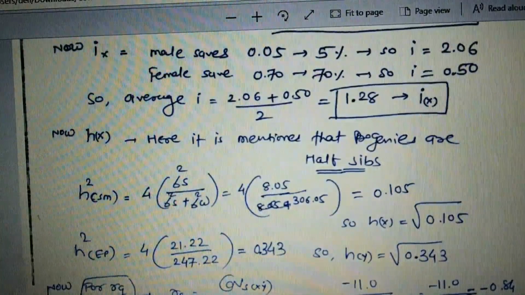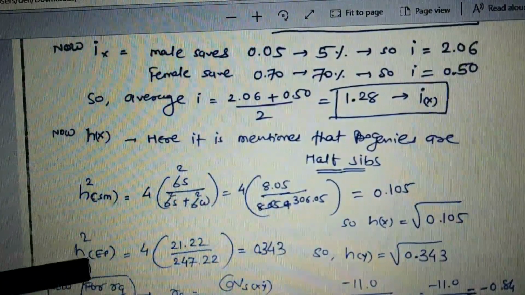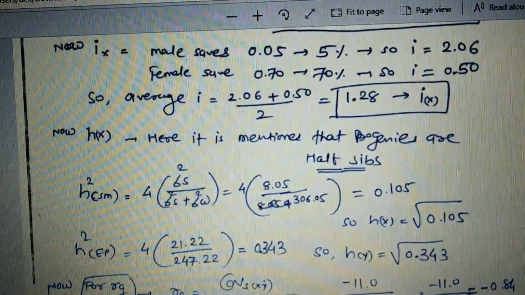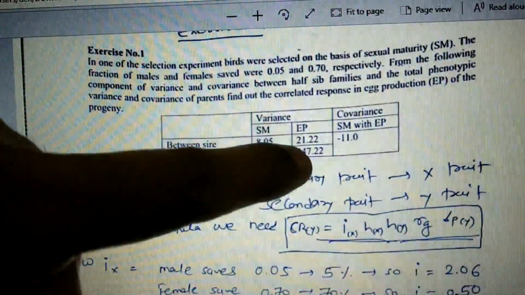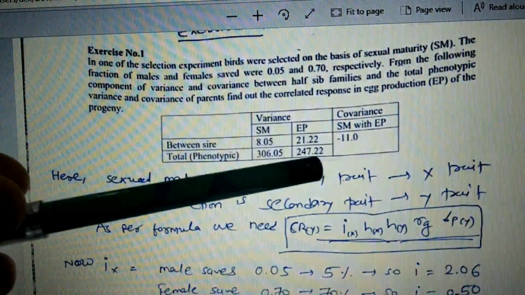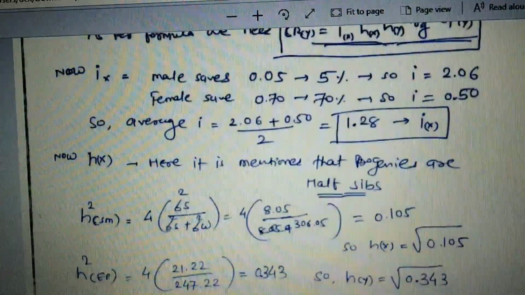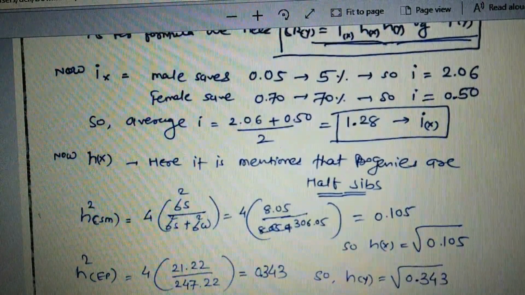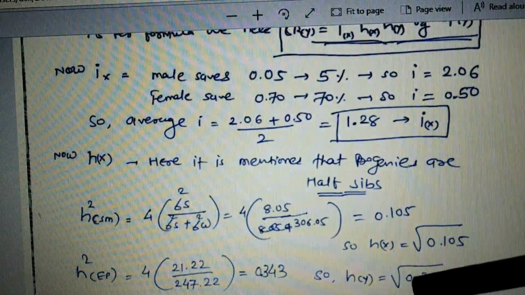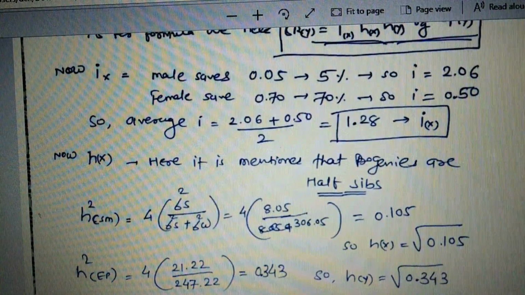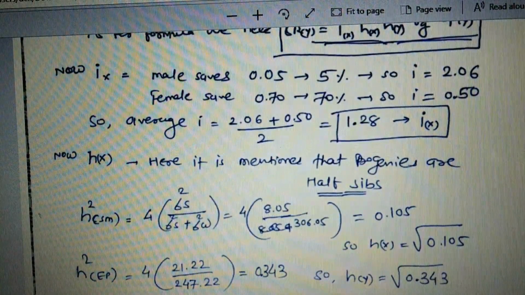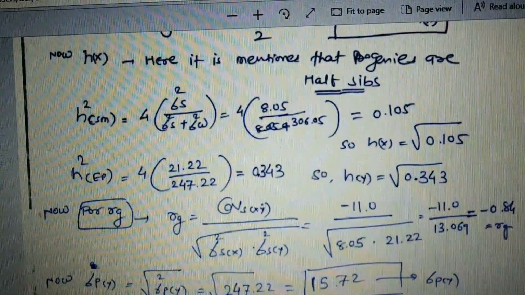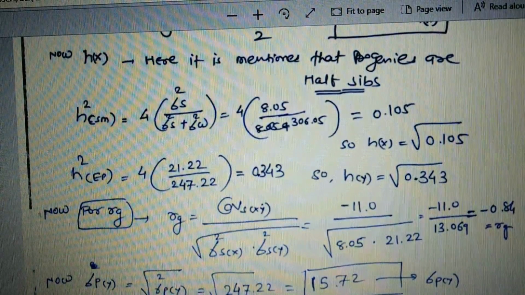Now for the secondary trait, H square for egg production: 4 into 21.22 divided by 247.22, so we get 0.343. So the square root of heritability for the Y trait is the square root of 0.343.